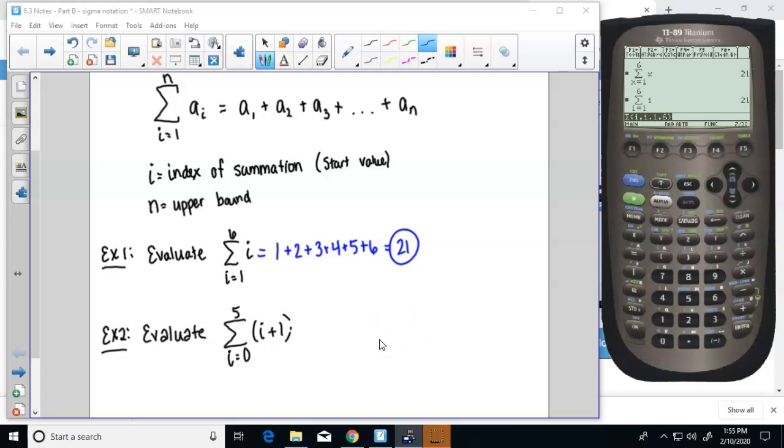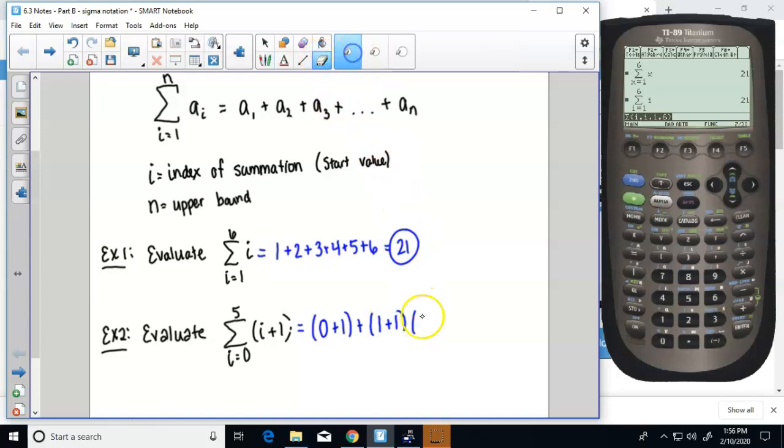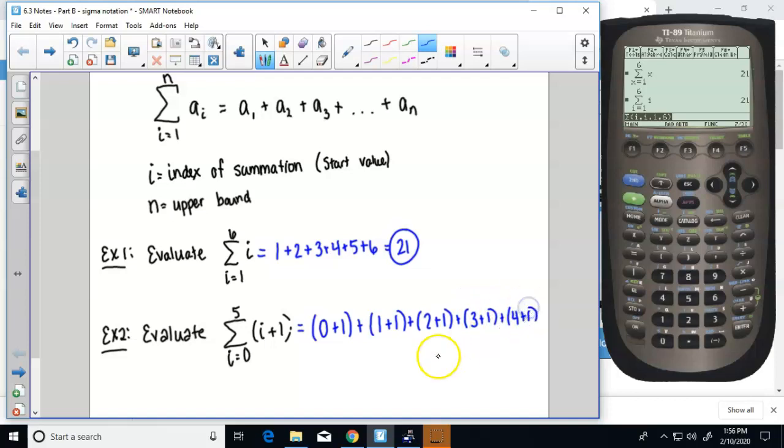Let's look at example 2. Example 2 is the sum of I plus 1 from 0 to 5. If you start at 0 here, you plug in 0 plus 1, then 1 plus 1, 2 plus 1, 3 plus 1, 4 plus 1, and 5 plus 1.